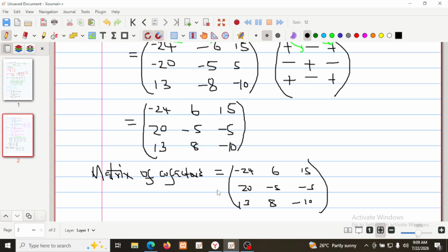Now we find the transpose of this matrix.